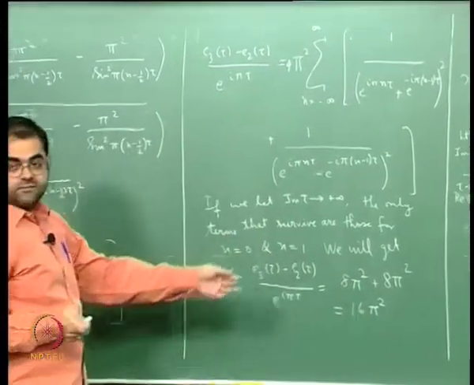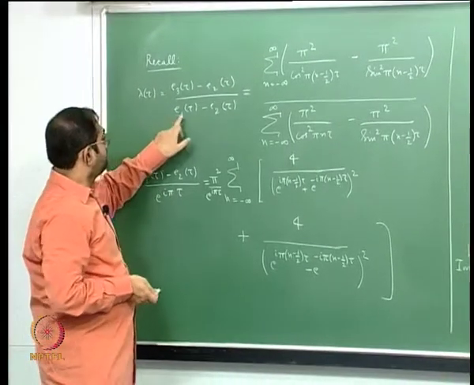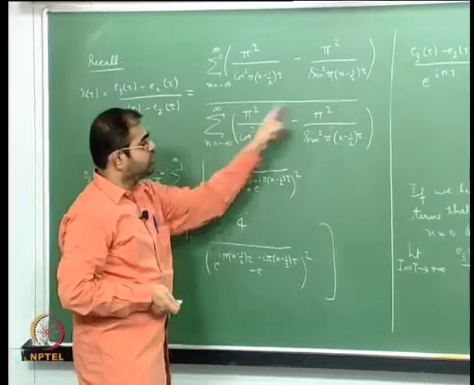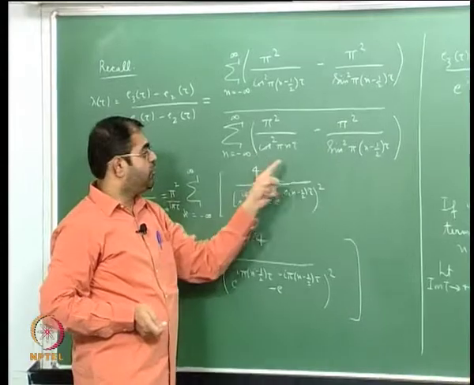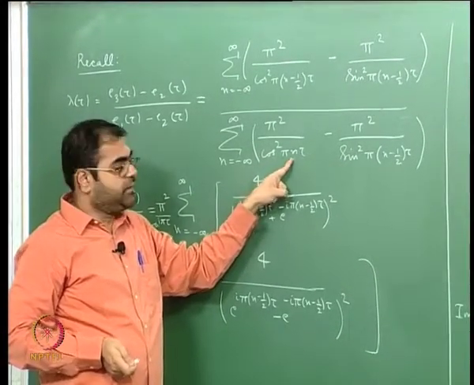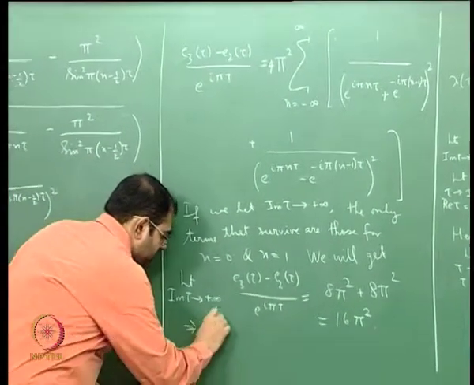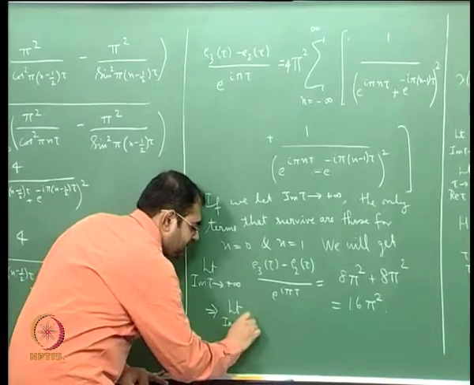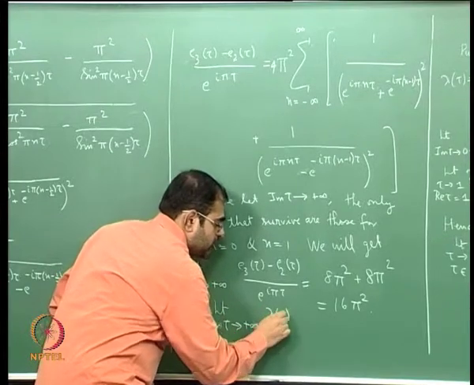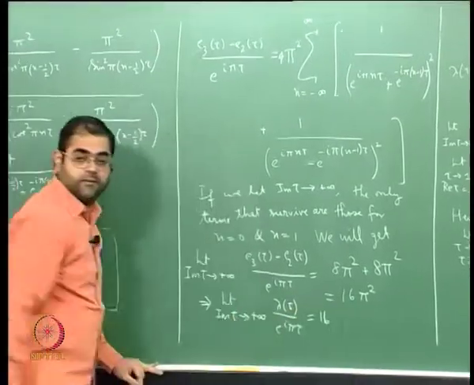Now combine this with the fact that as the imaginary part of tau goes to plus infinity, E1 tau minus E2 tau goes to pi squared, because the only contribution you will get, as I told you, was from the term n equal to 0, and in that case you will get a pi squared, alright. So this will tell you that the limit as the imaginary part of tau tends to plus infinity of lambda of tau by e power I pi tau is 16, okay.